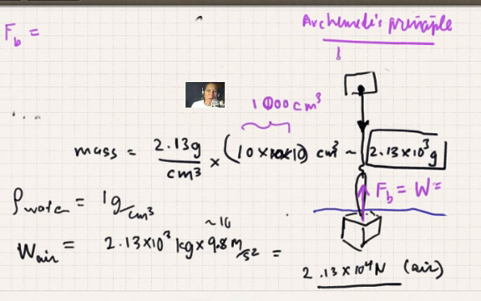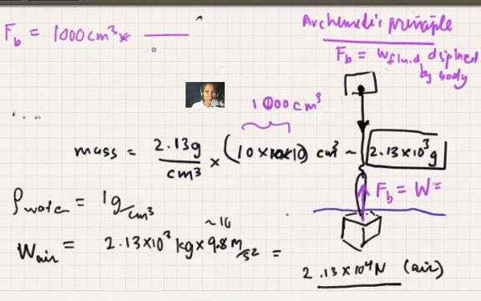So basically, the buoyancy force equals the weight of the fluid displaced by the body, whatever that is. So we know the body is 1,000 centimeters cubed, and we know that water is 1 gram per centimeter cubed.